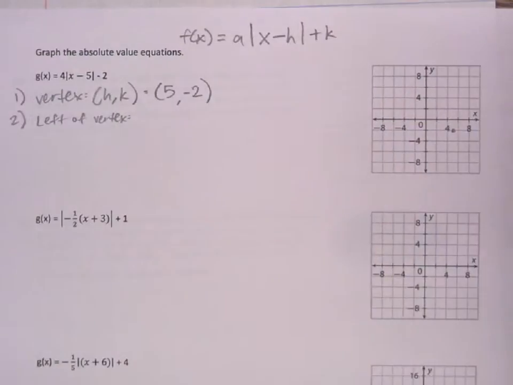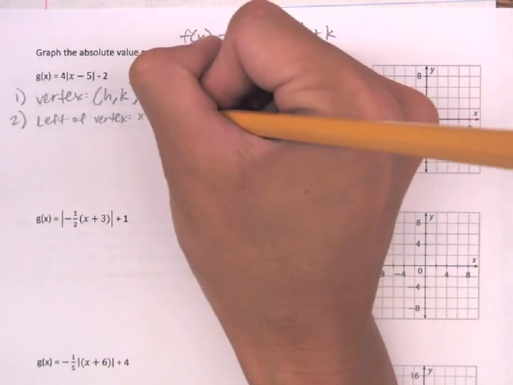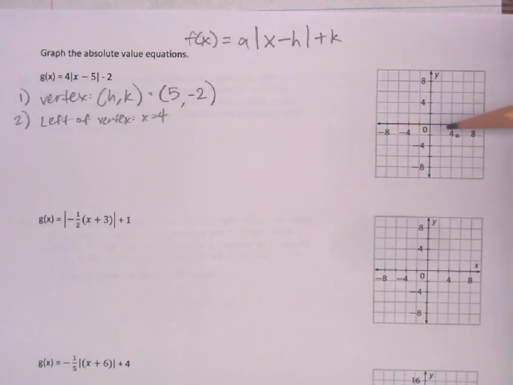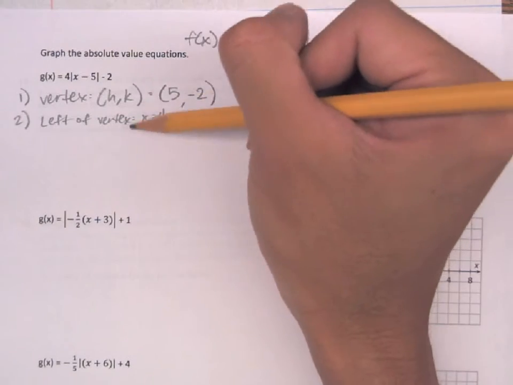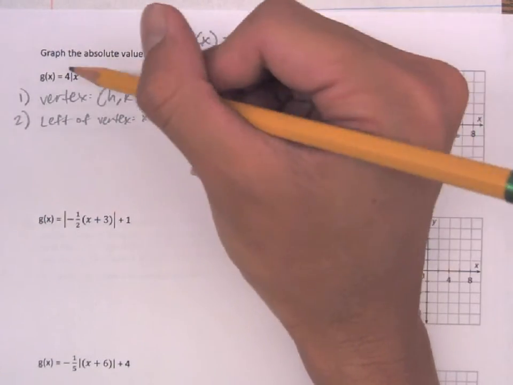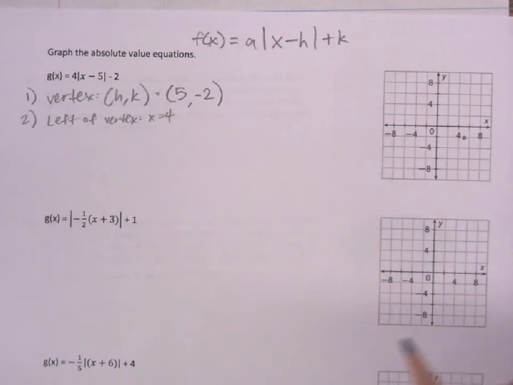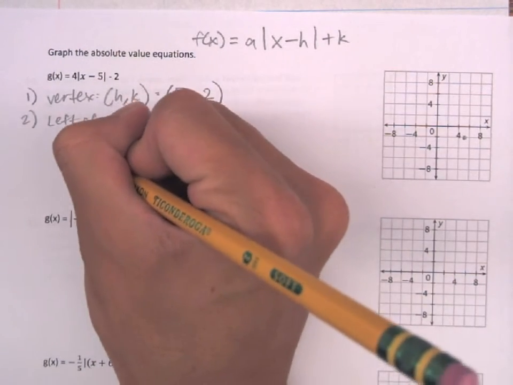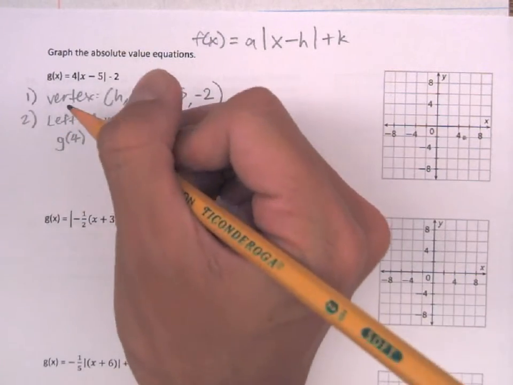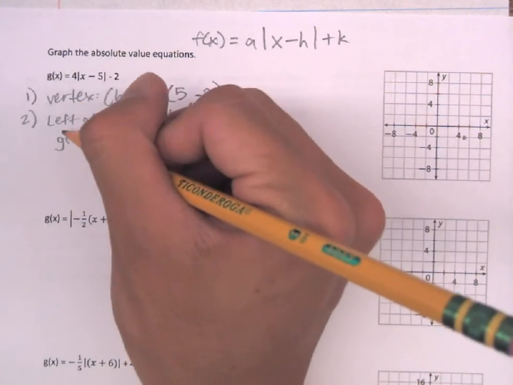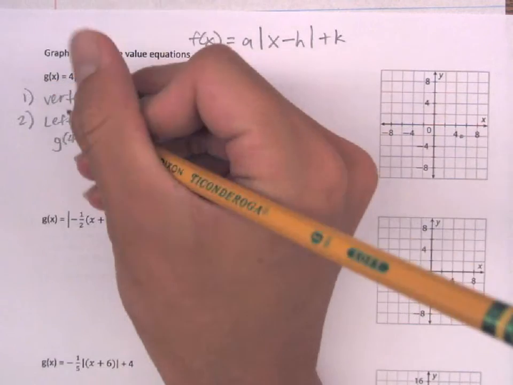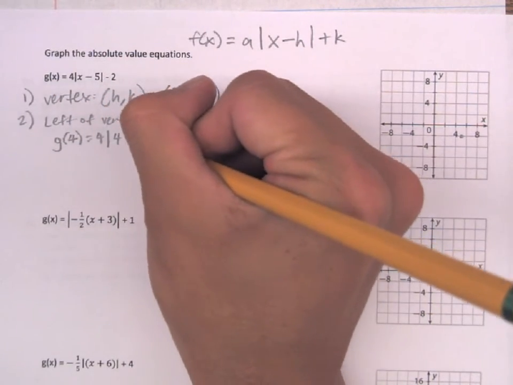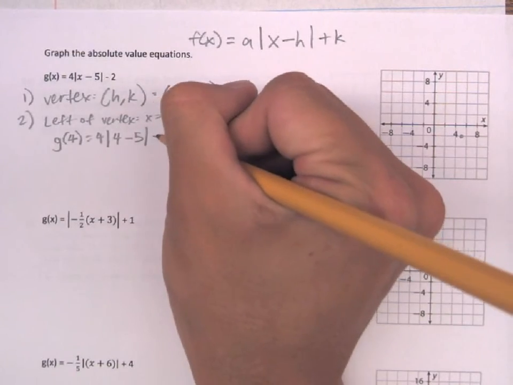What we want to do is plug this in here. This might require a little bit of algebra, but if I find g of 4, it's going to be 4 times the absolute value of 4 minus 5, minus 2.